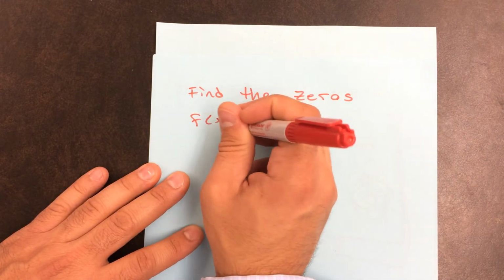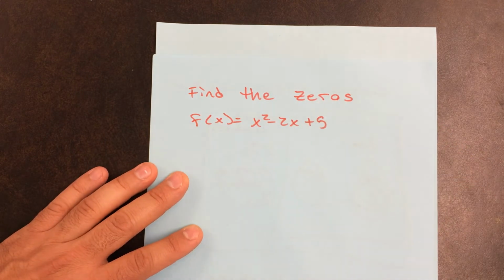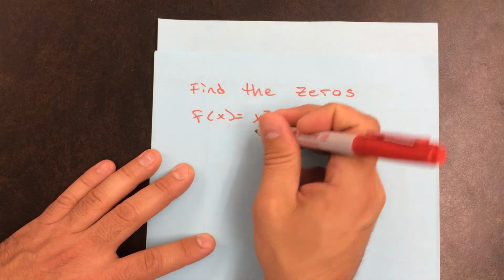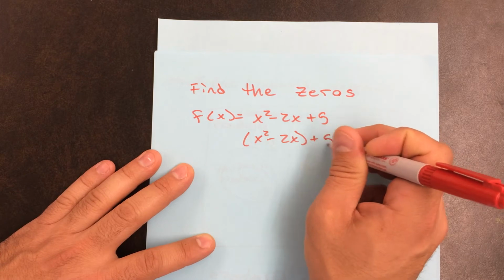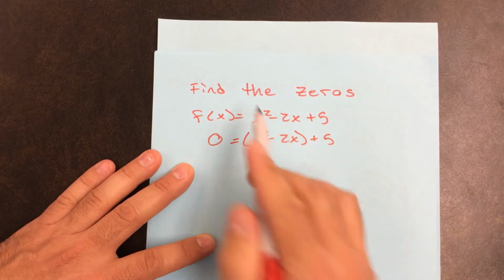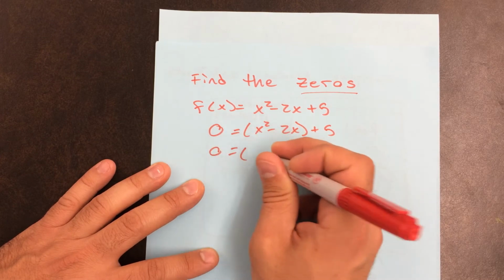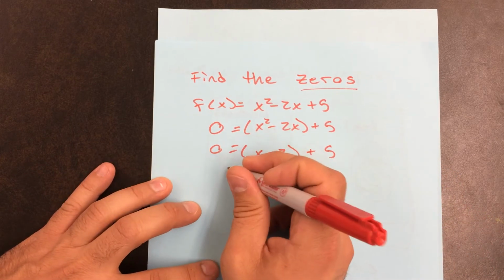And I give you this function right here. So I'm going to do this by completing the square, which we've already done. So the first thing I'm going to do is trap the x's. Well, I'm going to set it equal to 0 because it tells me to find the zeros. I'm going to drop an x from both. I'm going to divide by 2.